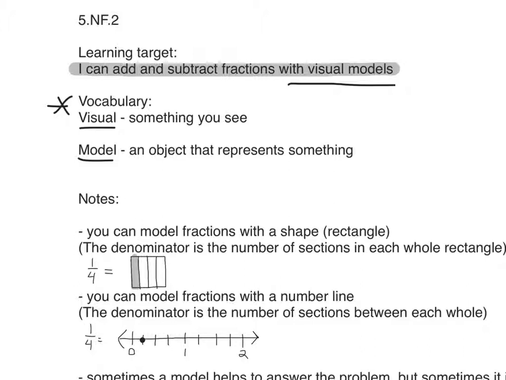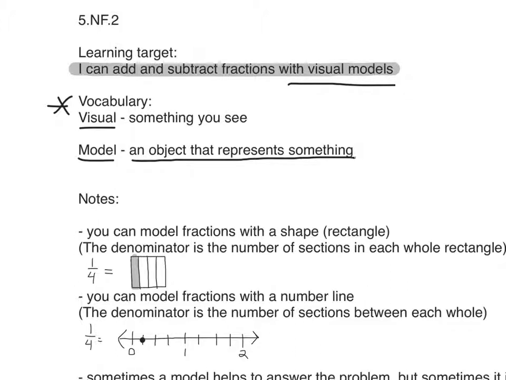A model is also something that you usually see, but it's an object or a picture that represents something. So a model would be like a model car that you put together, or a model train, or like a model that wears clothes. That's something that shows you something. It represents something. All right, so let's move on.